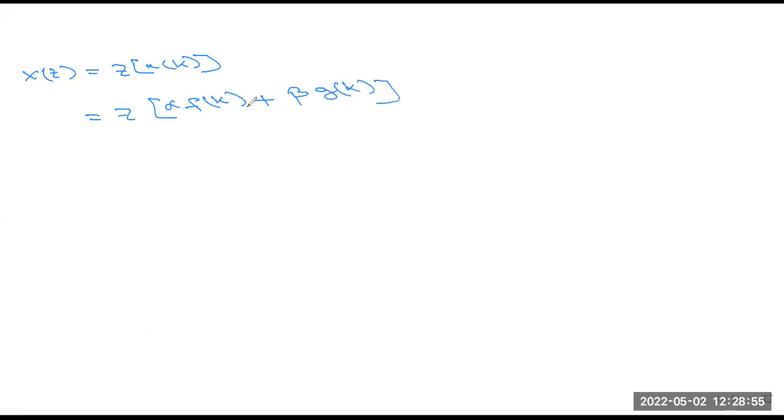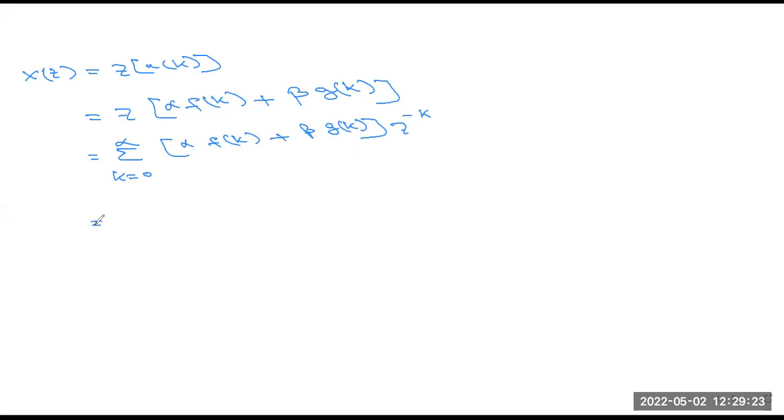You know that we have written this equation previously. Now you put the value, that is the summation of k equal to 0 to infinity of alpha f of k plus beta g of k into z to the power minus k.